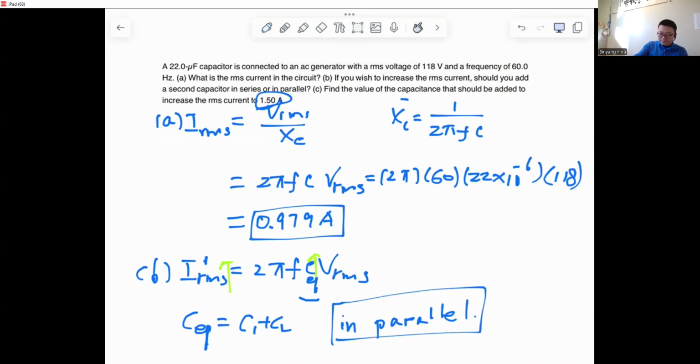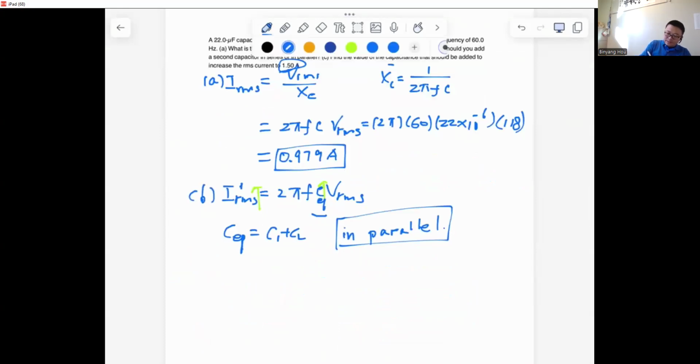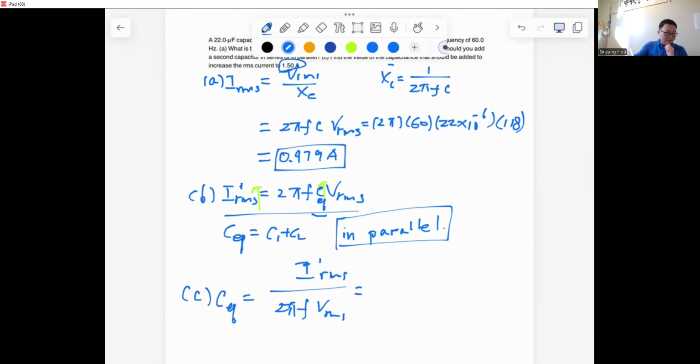But in C, we can calculate this new CEQ. Based on that, CEQ should be equal to the new IRMS over 2 pi F times VRMS. So we can calculate how much this will be.